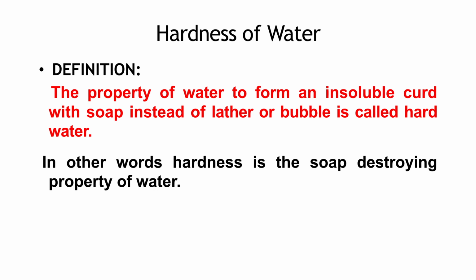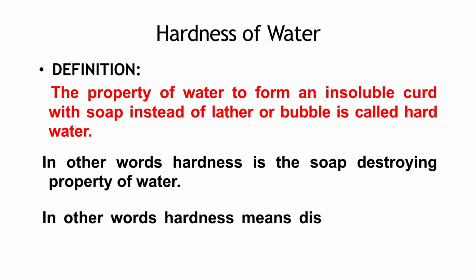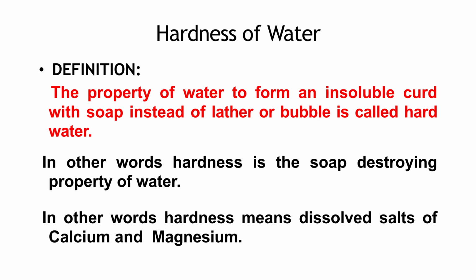There is another alternative definition which is also 100% true, which says that hardness means dissolved salts of calcium and magnesium. Why is it 100% true? Because the dissolved salts of calcium and magnesium, that can be calcium carbonate, calcium chloride, magnesium sulfate, these dissolved salts of calcium and magnesium will not allow the soap to work properly.